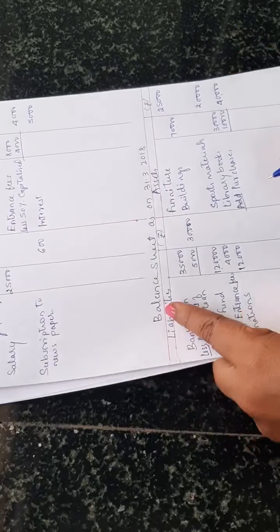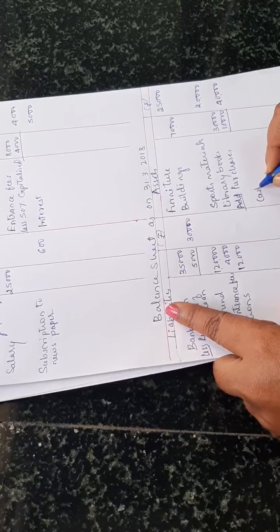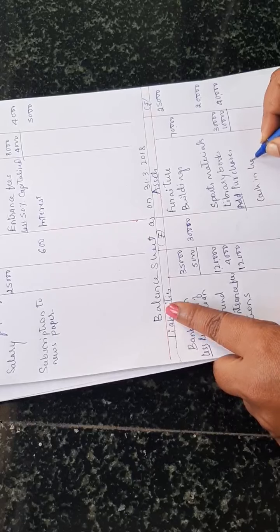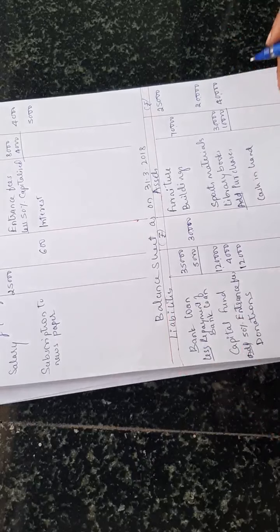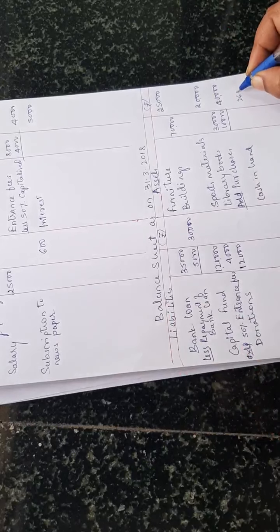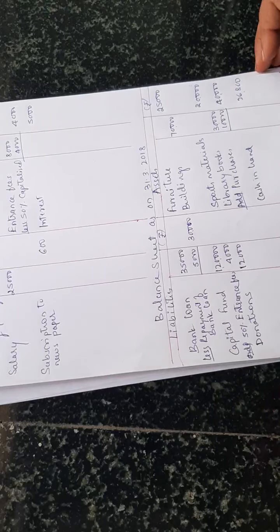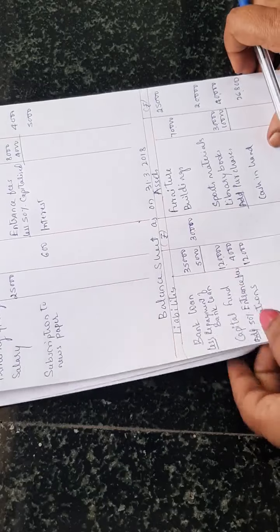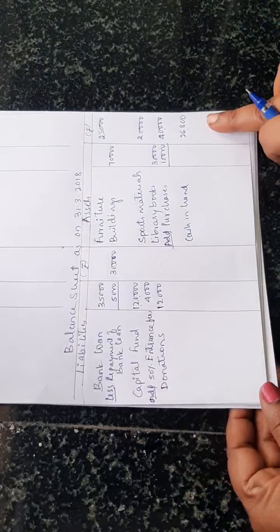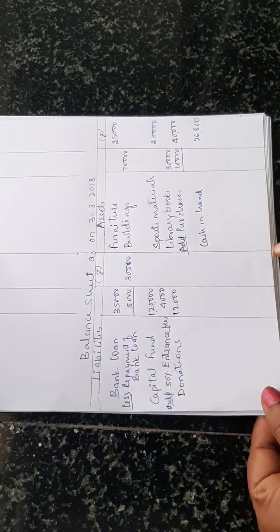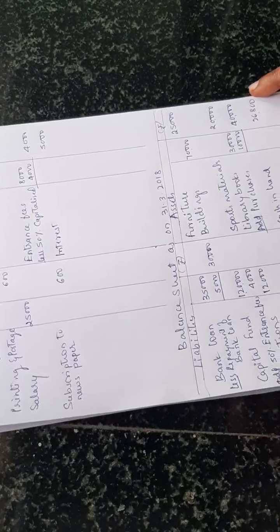Then cash balance, right here, cash in hand 26,800. 26,800 is what our cash in hand, right?